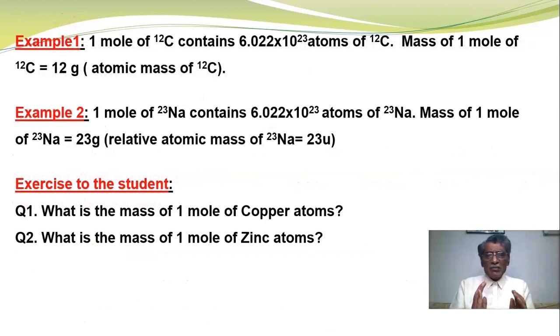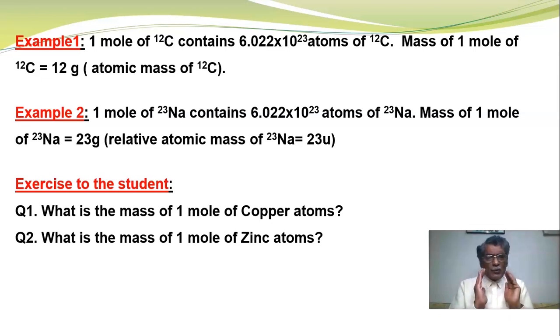Let us see. 1 mole of C12 contains 6.022 multiplied by 10 to the power of 23 atoms of carbon 12. That means mass of 1 mole of C12 is equal to 12 grams. That is atomic mass of C12.